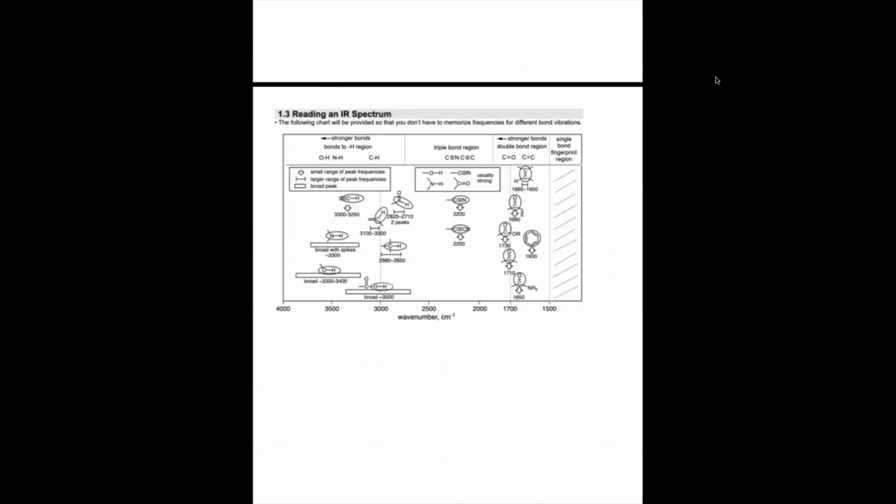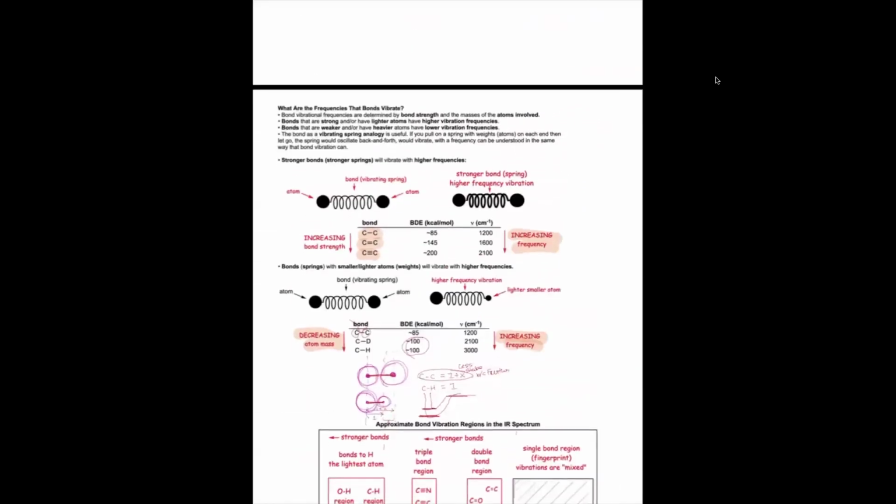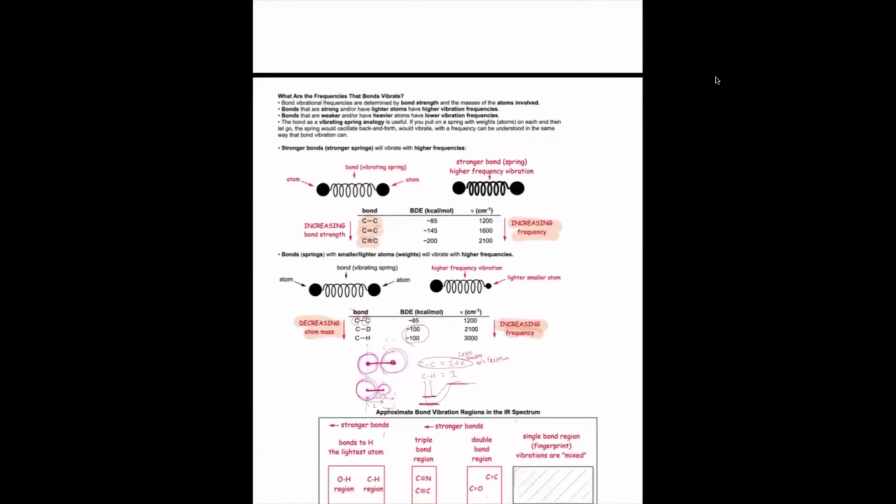I'm confused. Yeah, so these spectrums are backwards from what your scales would normally be, right? So larger vibrational frequencies are on your left. So with a C double bond O, you're dealing with both a double bond and higher electronegativity, the smaller lighter atoms, higher frequency.